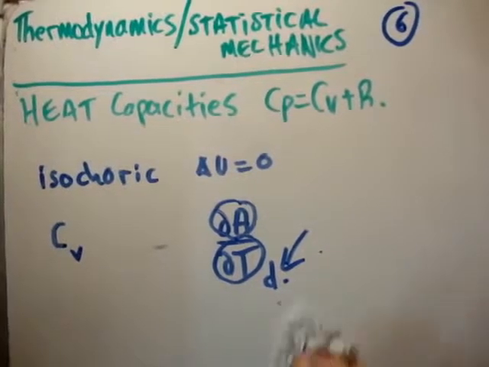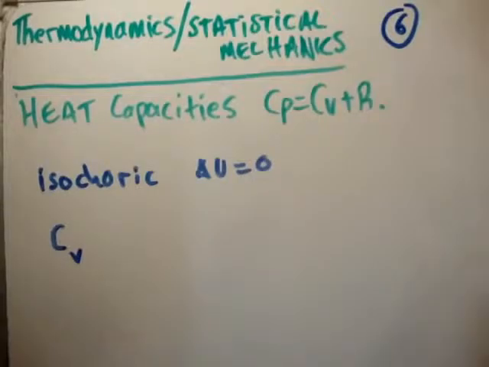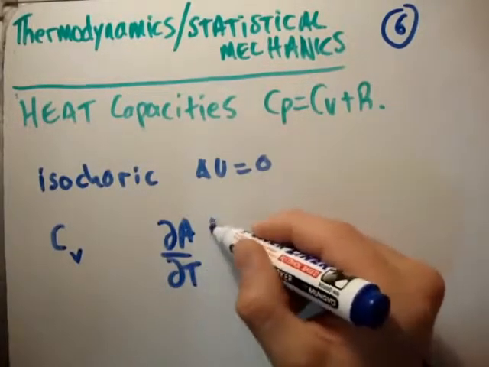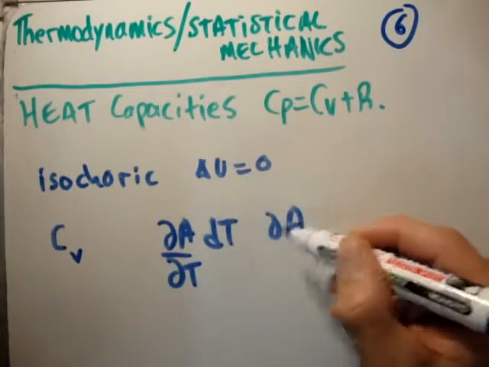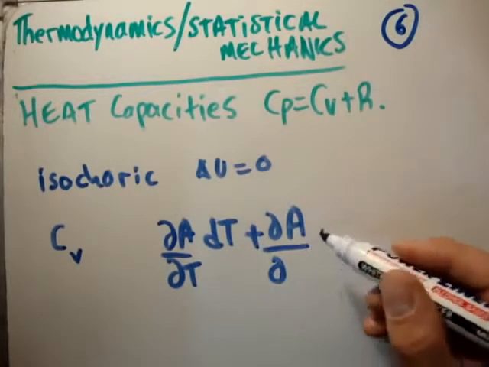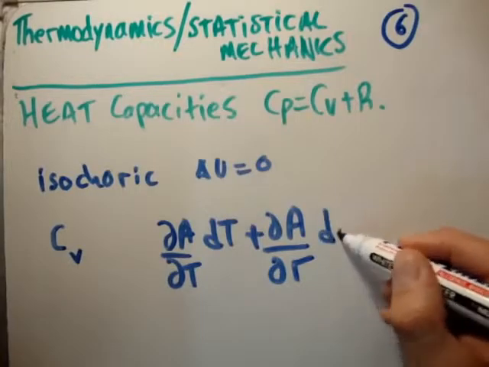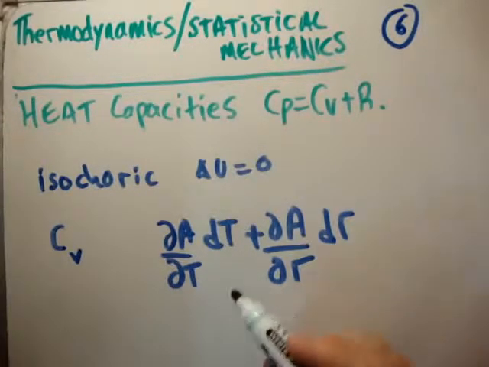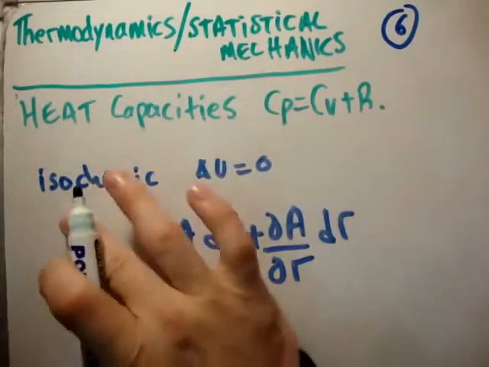Alright, so if you remember your partial derivatives, we'll say del A del T dT plus del A del R dR. If you want, you could actually look at it this way. Each one of those partial derivatives has something being held constant.